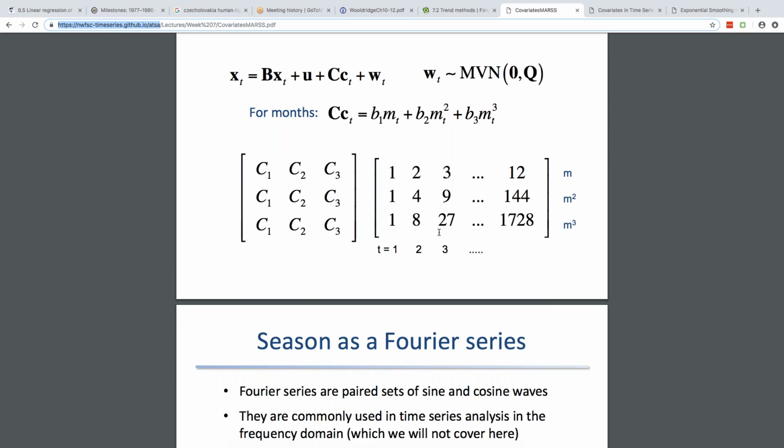We just keep stepping through. Obviously, if time point 1 wasn't month 1, then it wouldn't start with 1. It would start with whatever month it was. So the nice thing there is now instead of 12 parameters we're estimating, we only estimate 3. So that's nice.